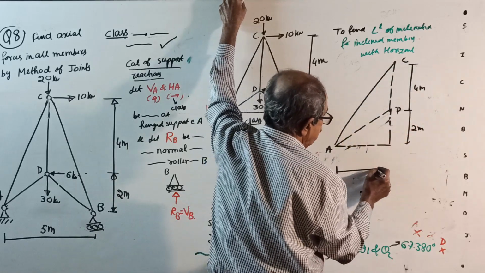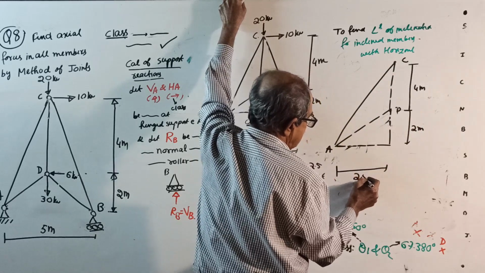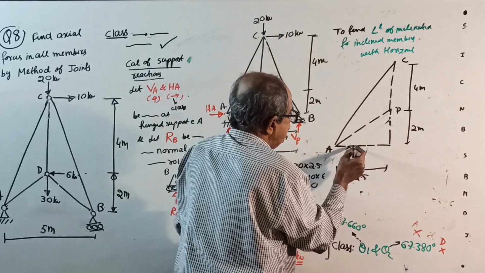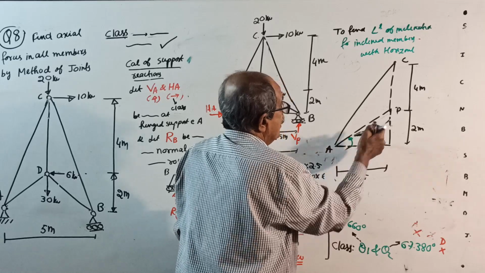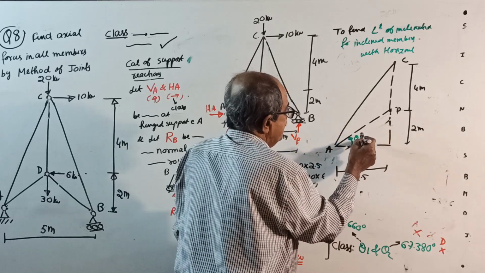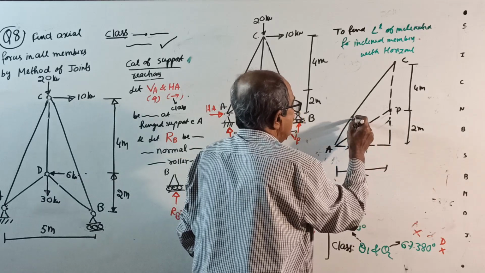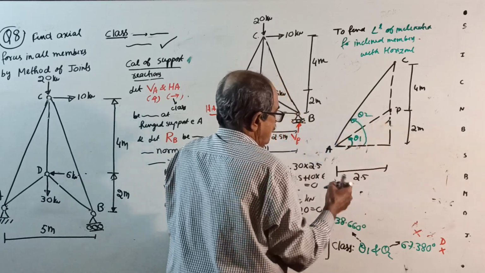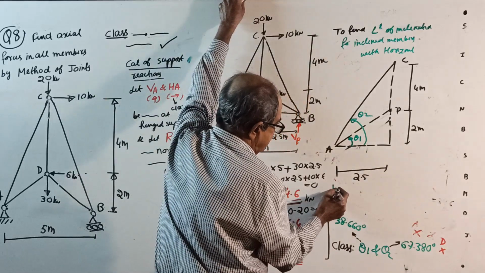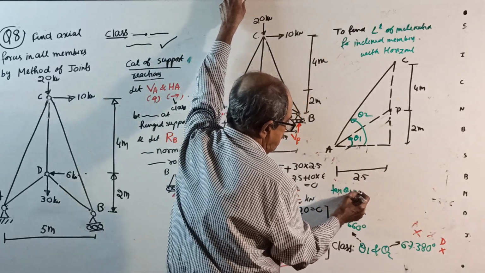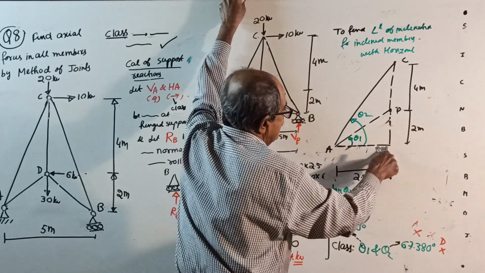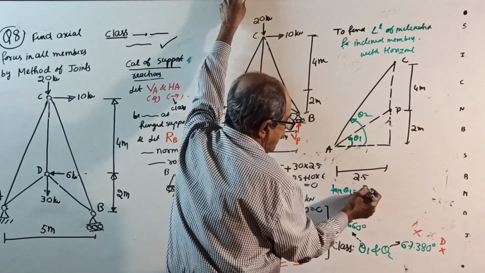This is 2.5 meter. Now do one thing. This angle, for member AD, you take theta 1. This angle you take theta 2. First right here: tan theta 1 equal to 2 divided by 2.5.